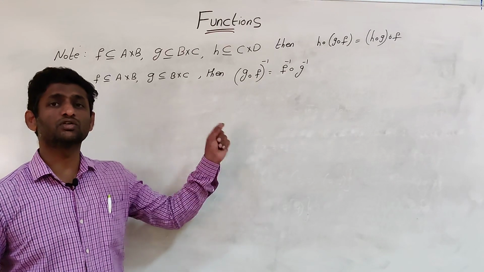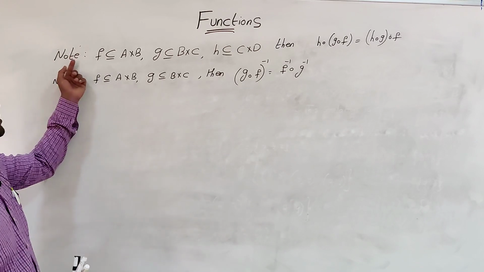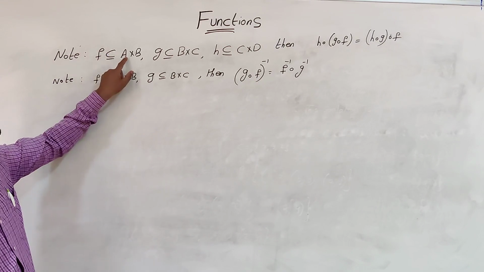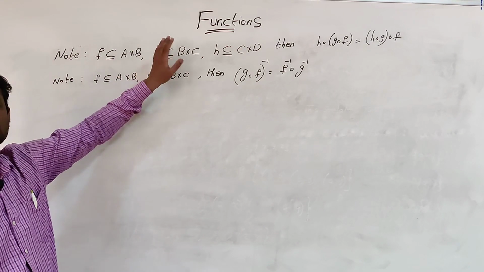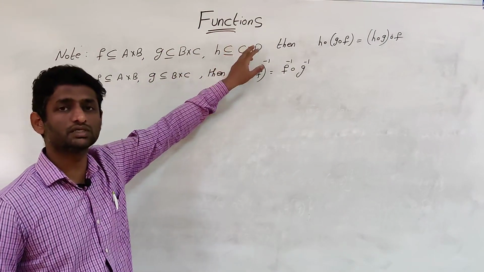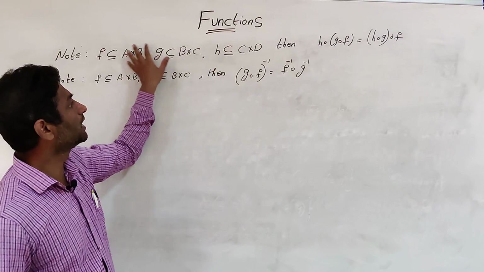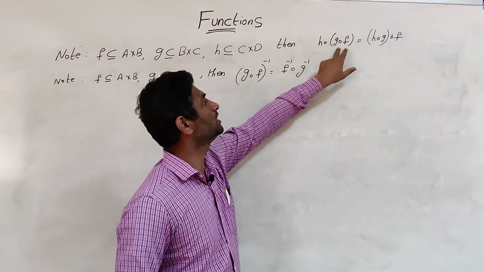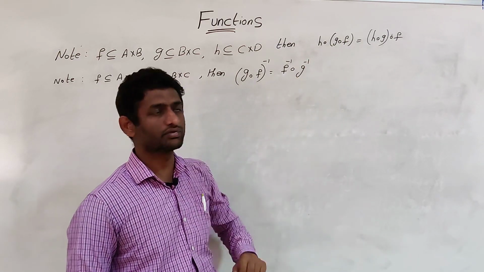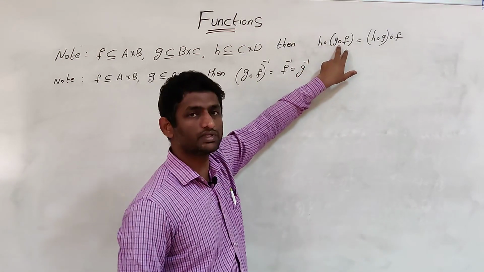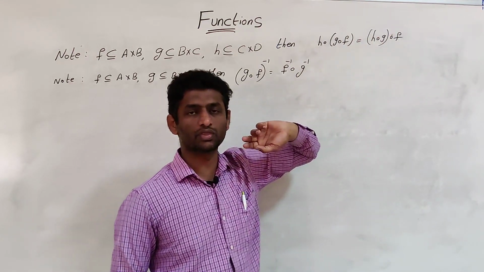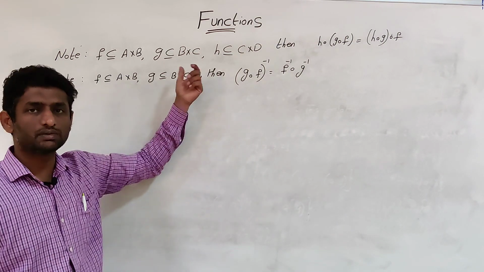Now based on the composite relation, we'll see one note. If F is a relation that is a subset of A cross B, G is another relation which is a subset of B cross C, and H is another relation from set C to D, then H compose (G compose F) is same as (H compose G) compose F. So try with some example.